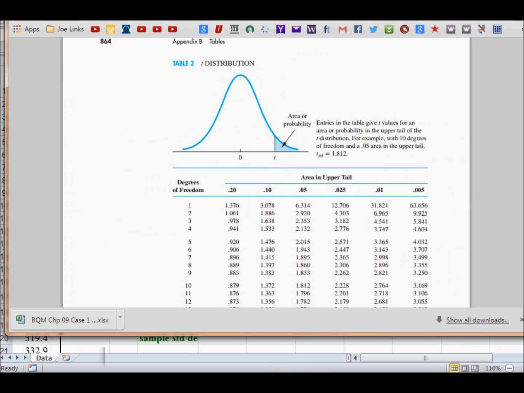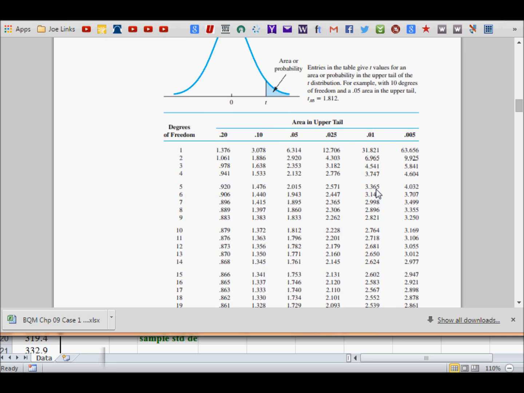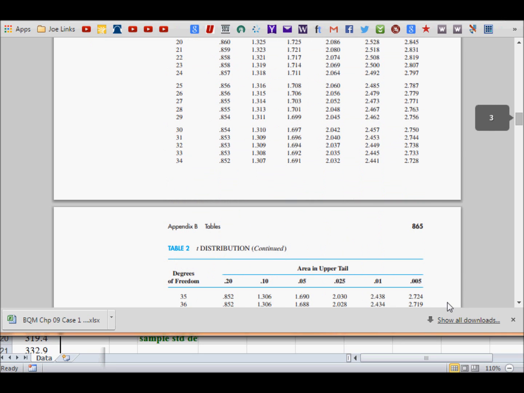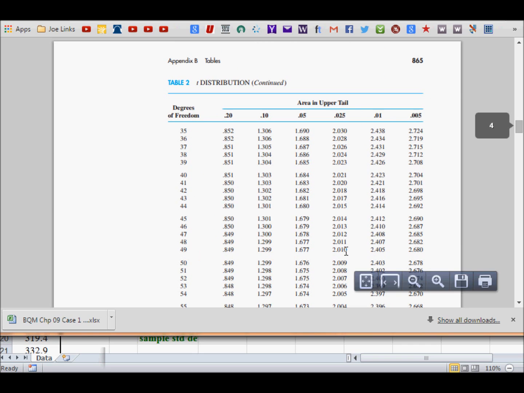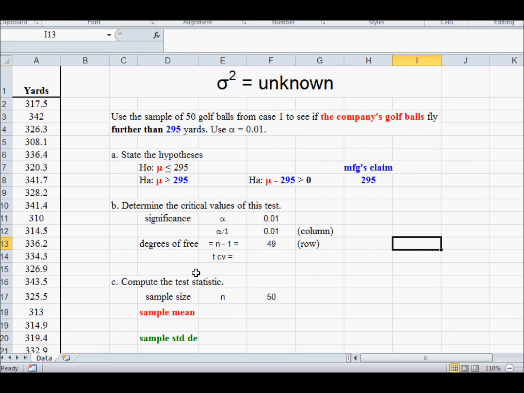And row 49. So we're in column 0.01 and row 49. In row 49, column 0.01, the t-value is 2.405. So I'm going to copy that and paste it right here.